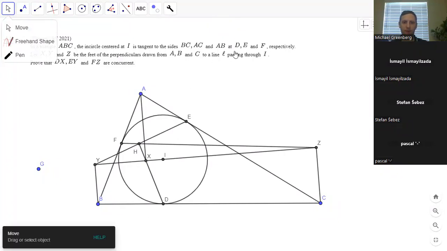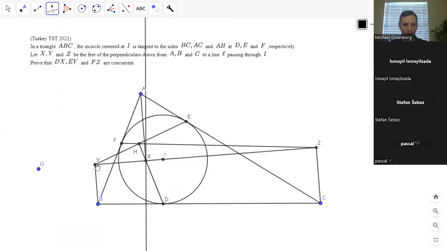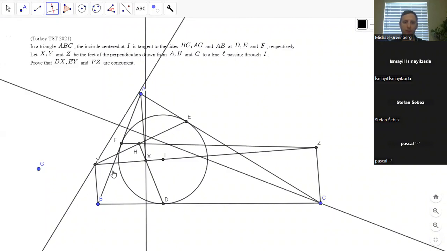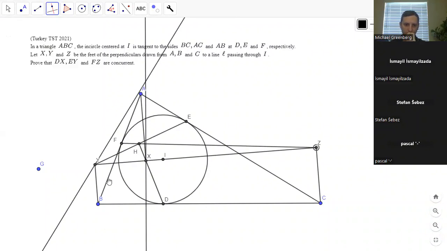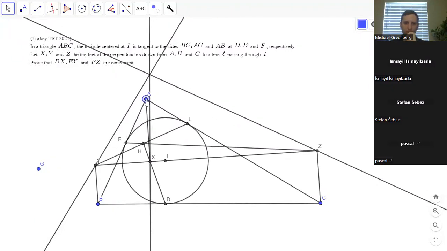I think if we drop a perpendicular from X to BC, and then Y to AC and Z to AB. Oh, I thought maybe those would concur, but they don't. Oh, Z, I mean Z to AB. Yeah, so I think that's the idea of the orthopole, that those three should concur.